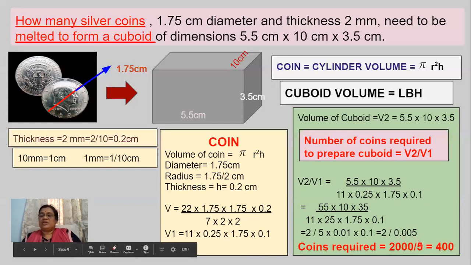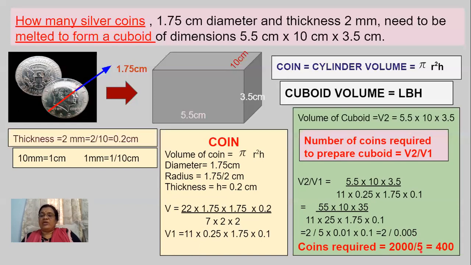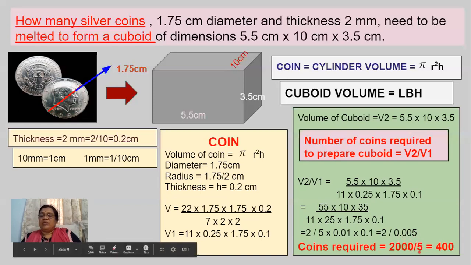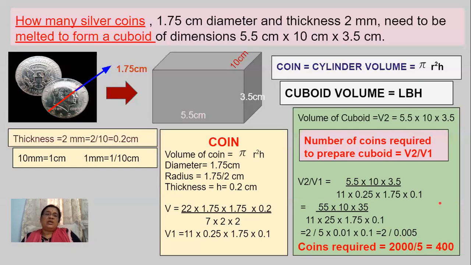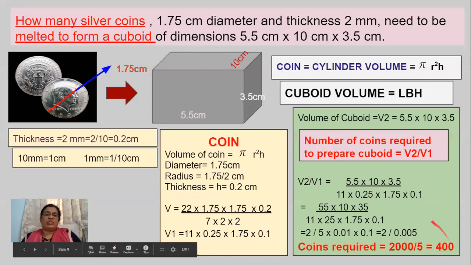Only 5 remains. When you divide 2000 by 5, you will get 400. So totally, you need 400 silver coins to prepare this type of cuboid with these dimensions. So the number of coins will be 400 in this problem.